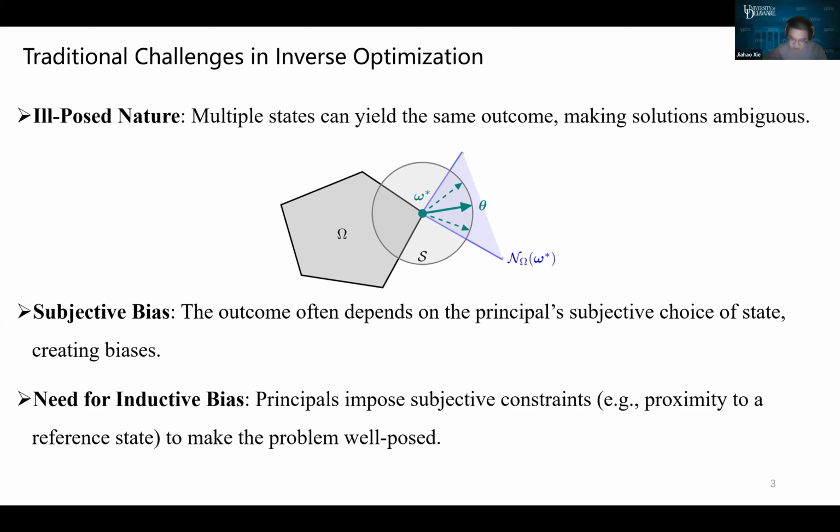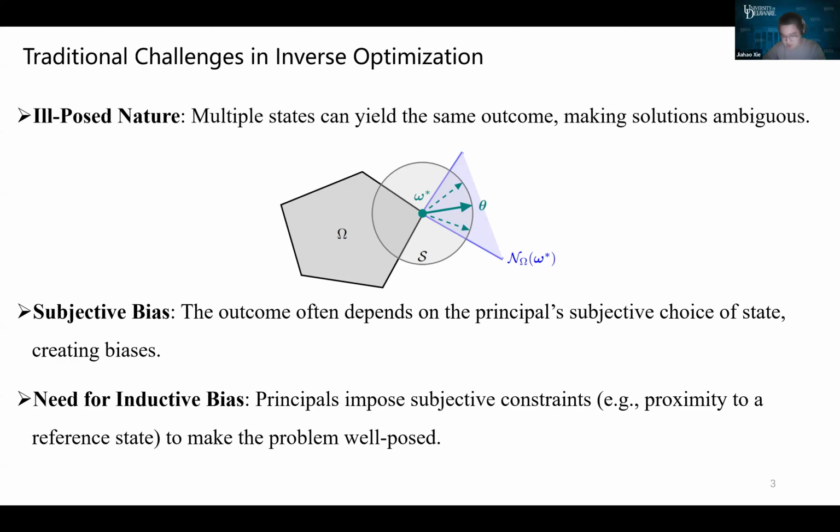Conversely, any cost vector lying in the normal cone, that is the blue area, results in the same linear programming solution, omega star.